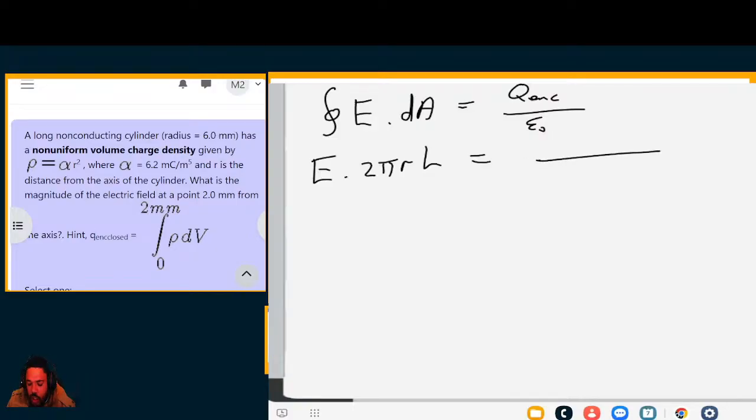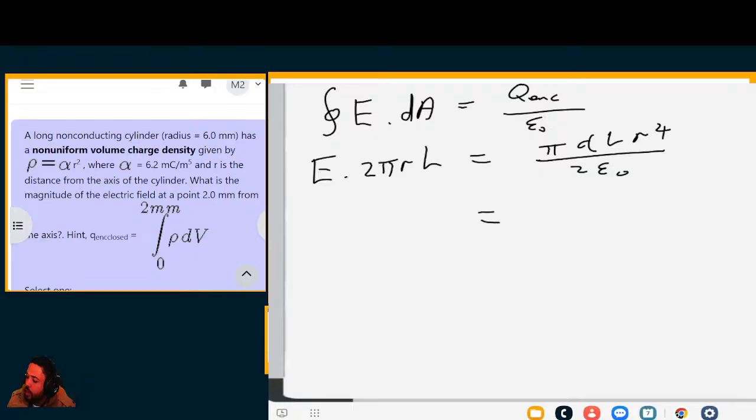The surface area would just be the circumference multiplied by the length. The enclosed charge we just worked out is equal to pi alpha L R to the power 4 over epsilon naught. So, this is the formula.